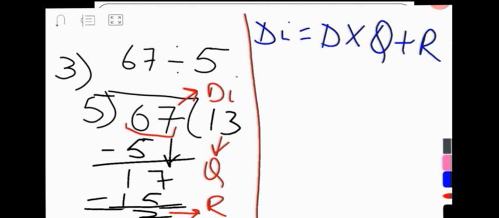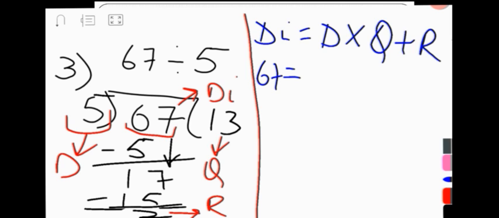Let us identify from the question itself, and the divisor is 5. Now we will put the same into the formula, that is dividend. Dividend 67 is equal to divisor 5 multiplied by quotient. Quotient here is 13 plus remainder.